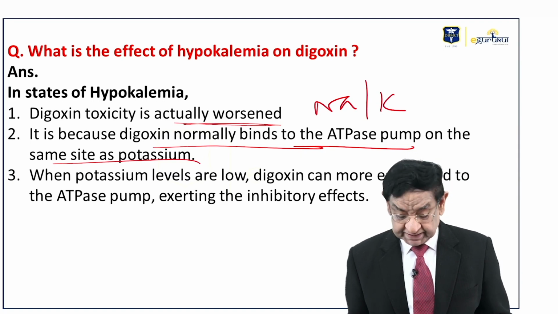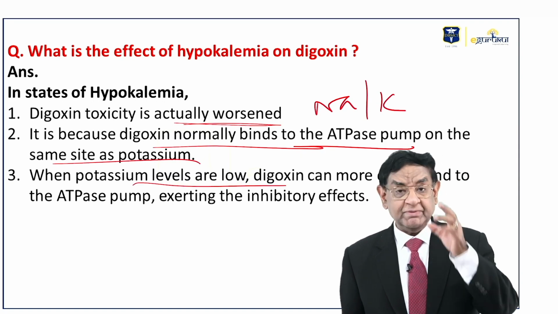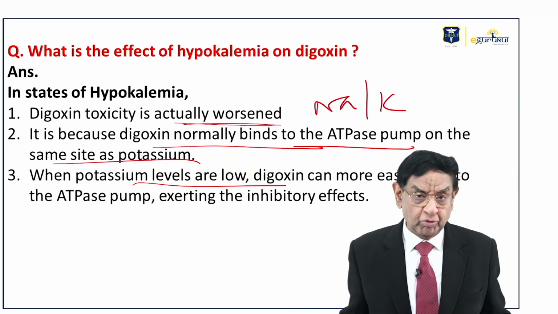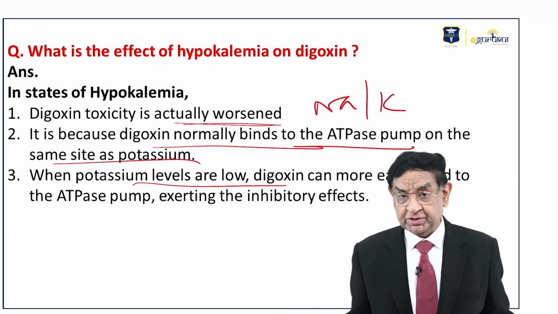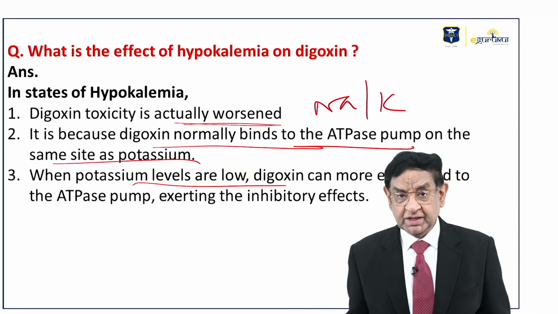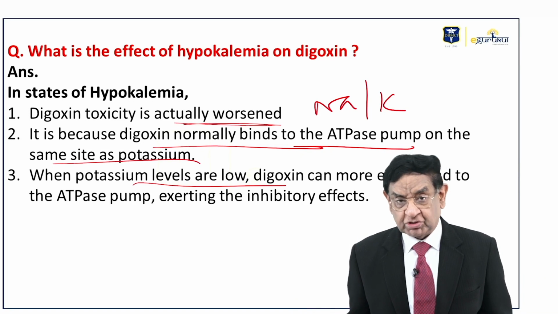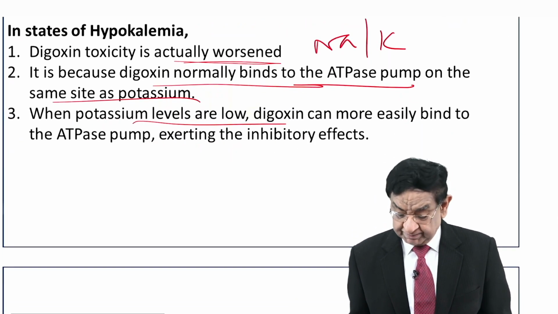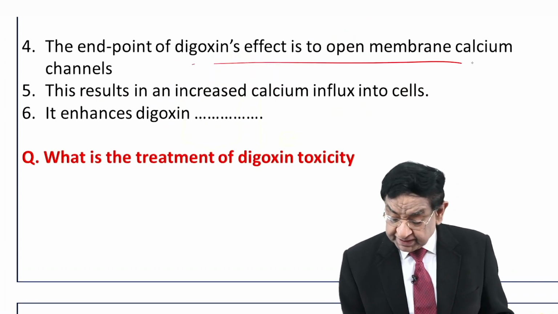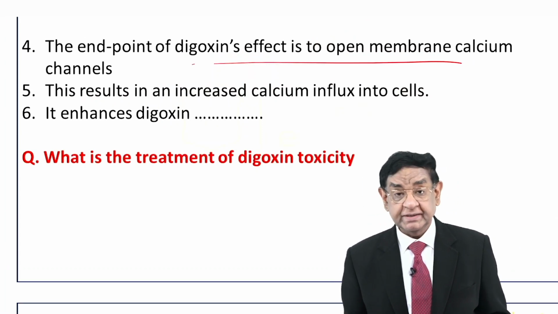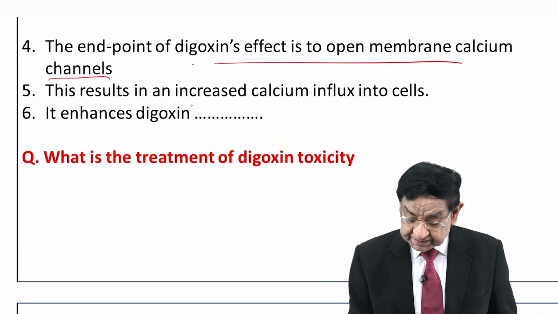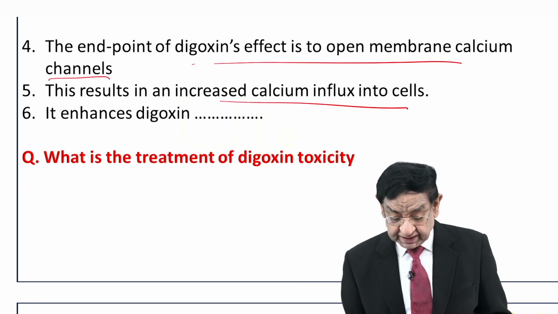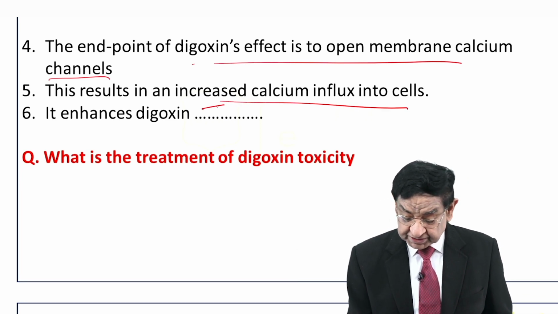So when the potassium level is low, there is more and more place for digoxin to bind. More digoxin binding will induce toxicity in hypokalemia. The end point of digoxin effect is to open the membrane for calcium channels, and this results in increased calcium influx into the cell, and this enhances digoxin toxicity.